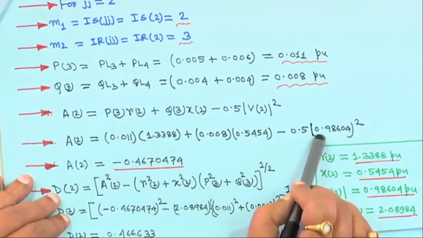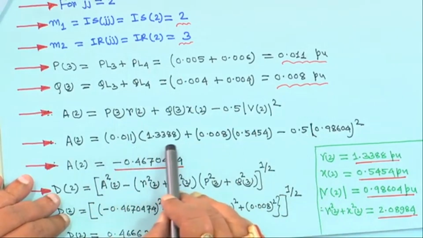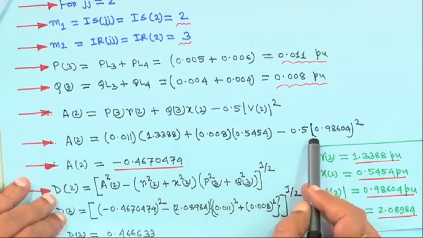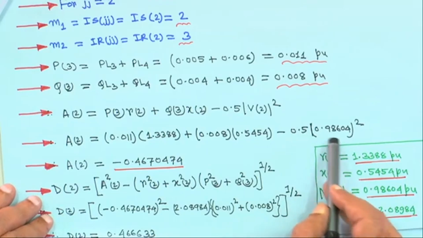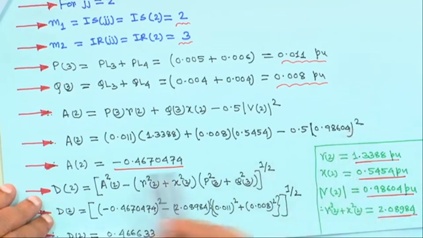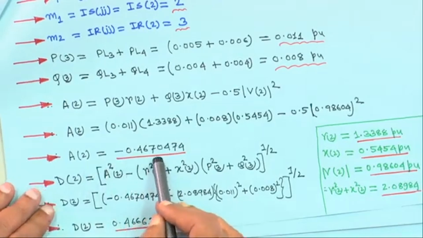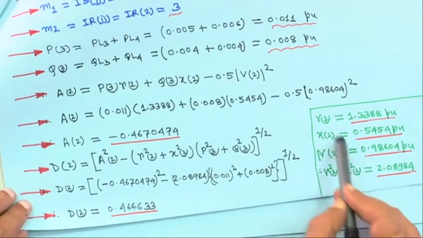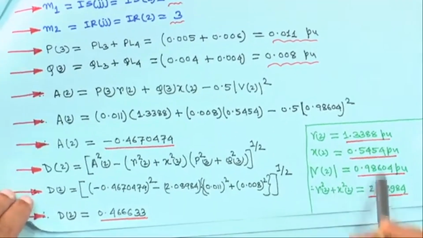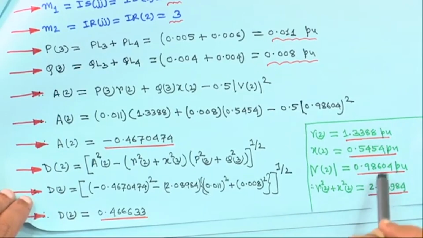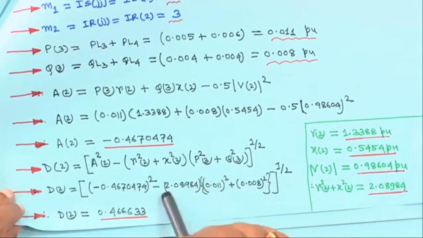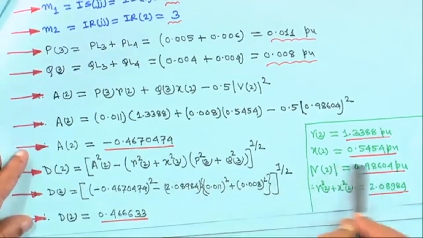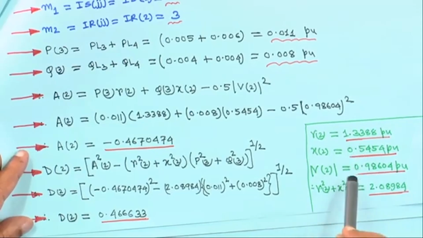So, A2 will be 0.011 into 1.3388 plus 0.008 into 0.5454 minus 0.5 times the voltage magnitude V2 square, 0.98604 square. So, A2 is becoming minus 0.4670474. This is A2. R2, X2, V2, R2 square plus X2 square, everything is written here. I have recalculated and I am writing here so that when you go through this slide, it is readily available in front of you.